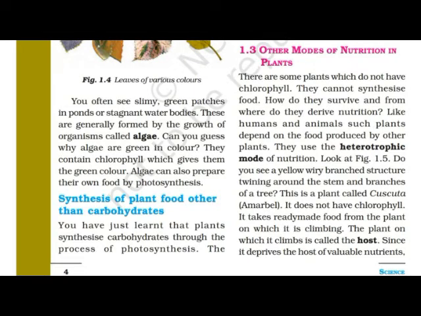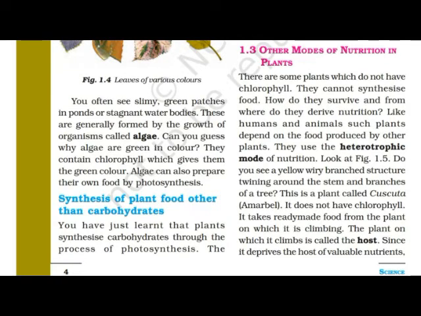Here I would like to prepare the definition for the host. What is the host? The plant on which a heterotrophic plant climbs is called host.